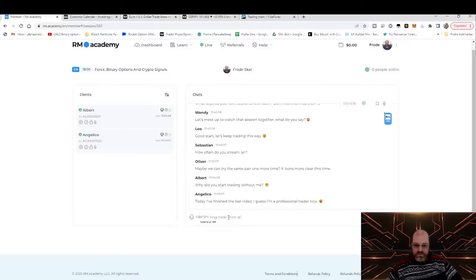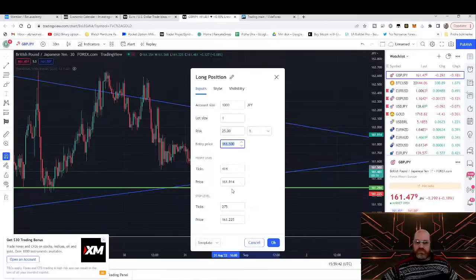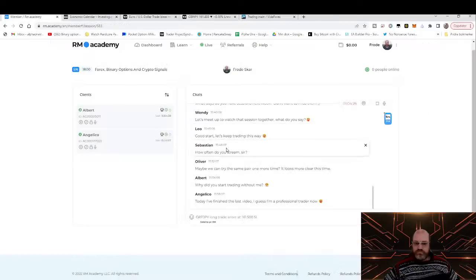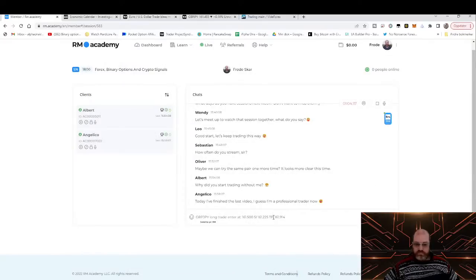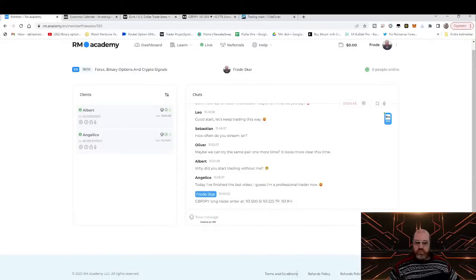Enter at this here. Take a stop loss at this level here. And take profit, we take at this level here. So let's post that one.